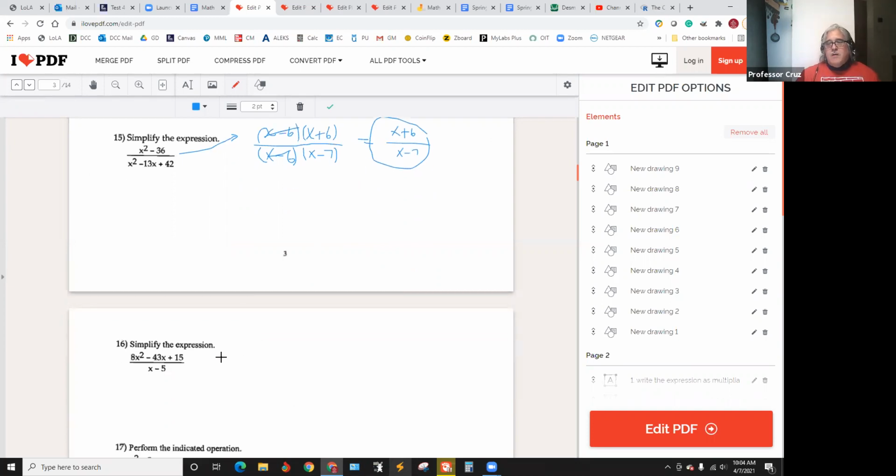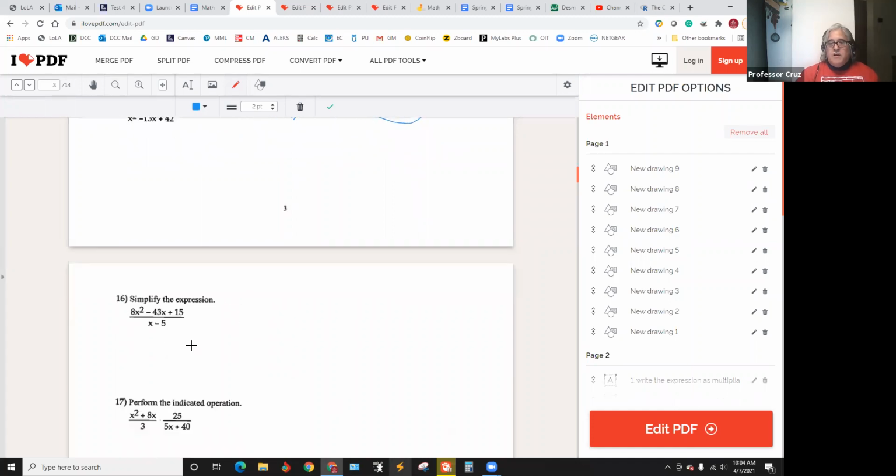All right, another simplify. So again, the denominator is already simplified. So again, you could use the x minus 5 as a hint on how to factor this, I'm thinking. See, negative 5 goes into 15.